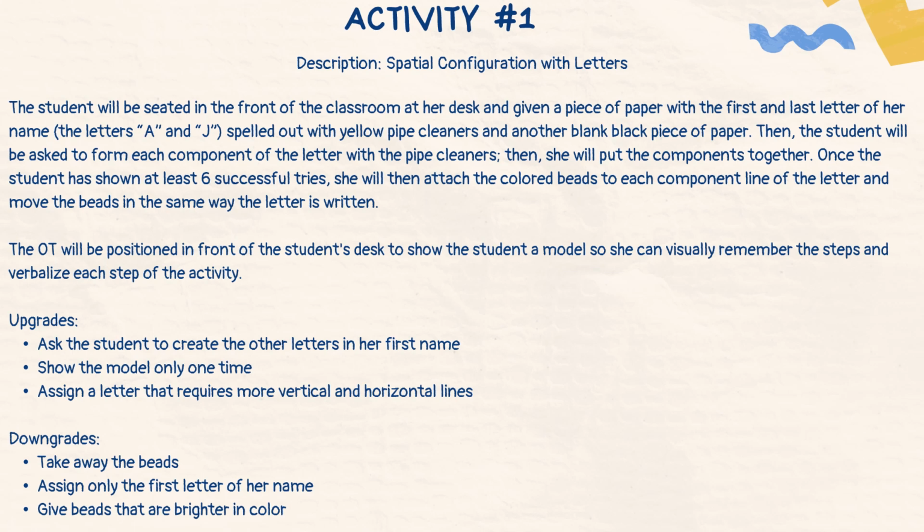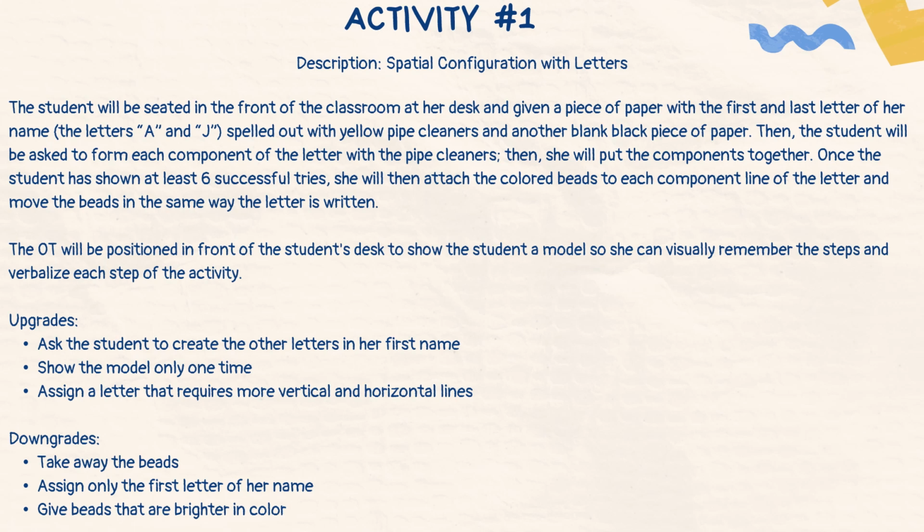Then she will be asked to form each component of the letter with the pipe cleaners, and then she will put the pipe cleaners together. Once the student has shown she can do this at least 6 times successfully, she will then attach colored beads to each component line of the letter and move the beads in the same way that the letter is written.